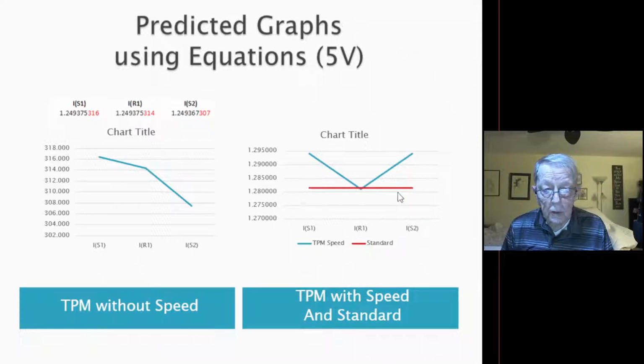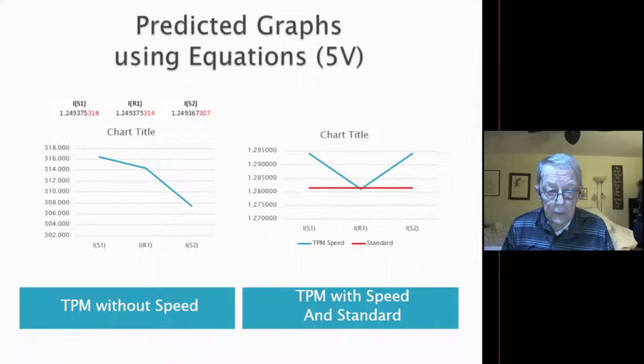If the circuit goes like this in a straight line, then it means the standard equations that everybody knows, Ohm's law and so on, apply. But if you get a V-shaped curve, then you're matching the TPM with the speed factor applied.